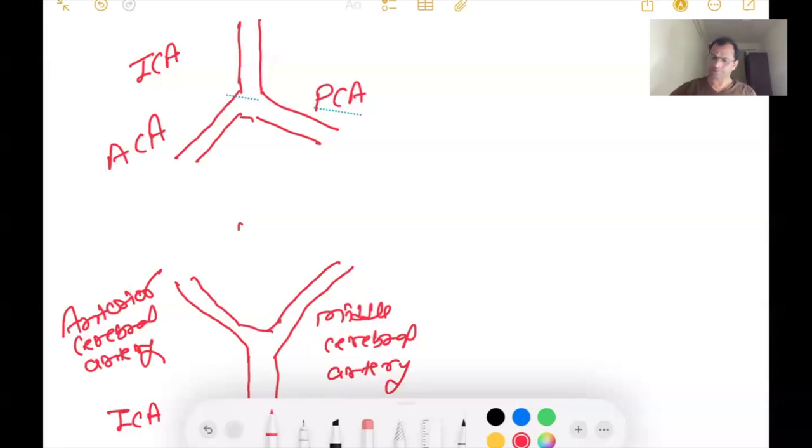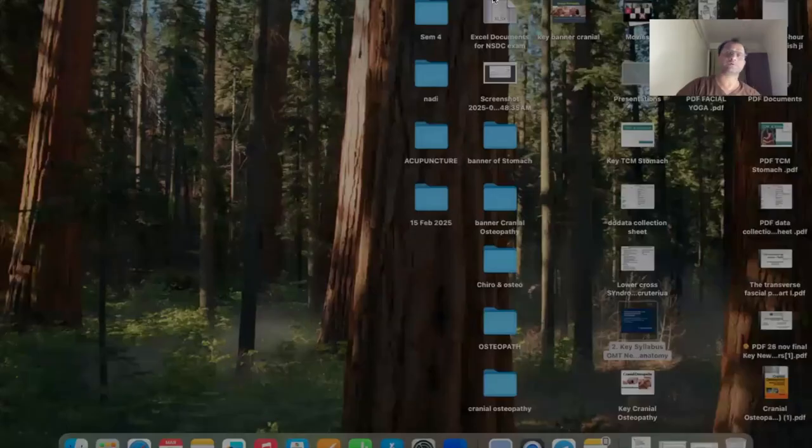Now on the back side, look here. One internal carotid artery is going from here, one internal carotid artery is going from here, and dividing into two parts. One is supplying the anterior part and one is supplying the middle part.